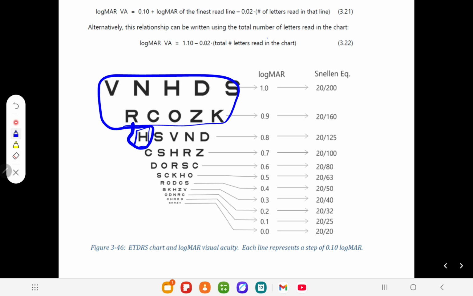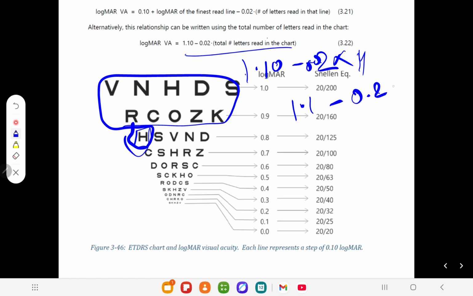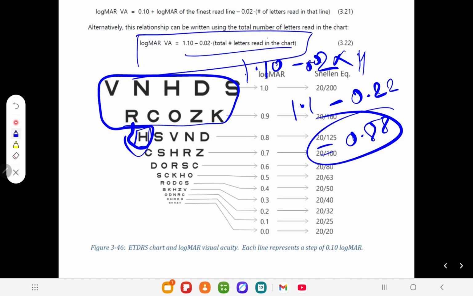Just count 5, 10, and 11. 11 letters are read. Just do this: 1.1 minus 0.02 times 11, which means 1.1 minus 0.22, which means eventually 0.88. So this is also a good idea to do.